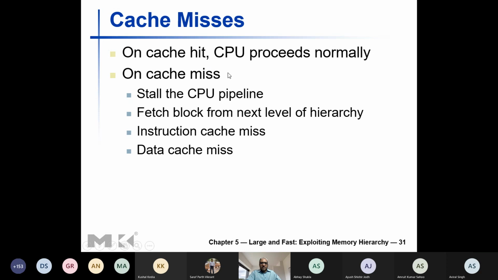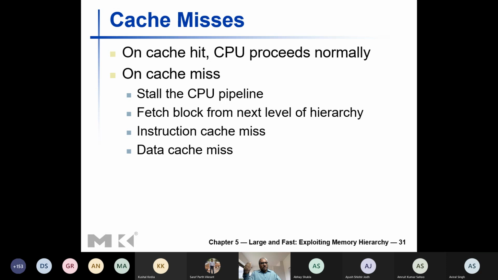But in the case of a cache miss, it stalls the CPU pipeline. When the instruction executes, at the beginning itself when it tries to fetch the desired instruction from instruction memory, if that instruction is not present or is not the one that is required, a miss will occur. That means we have to fetch the instruction back and then start.